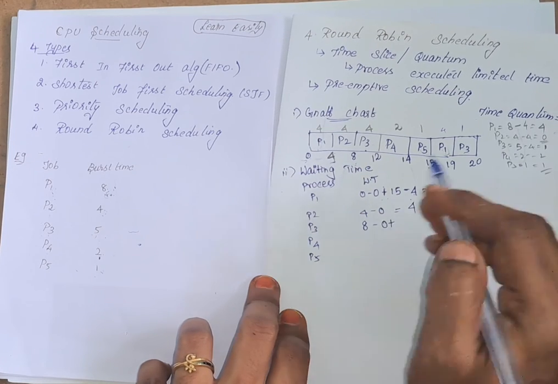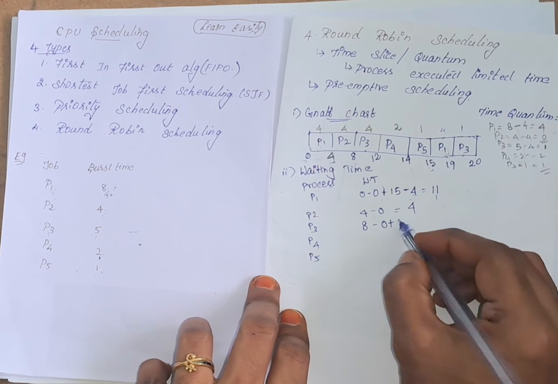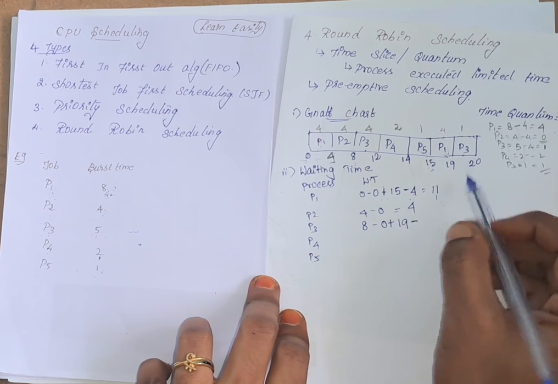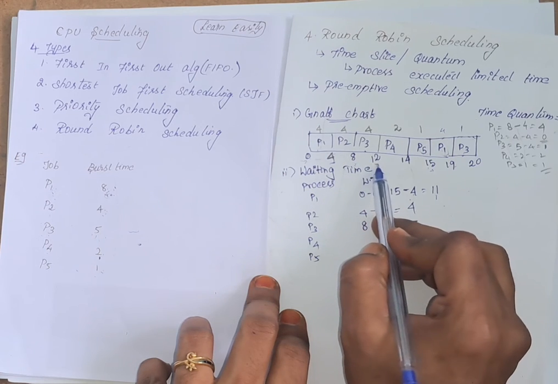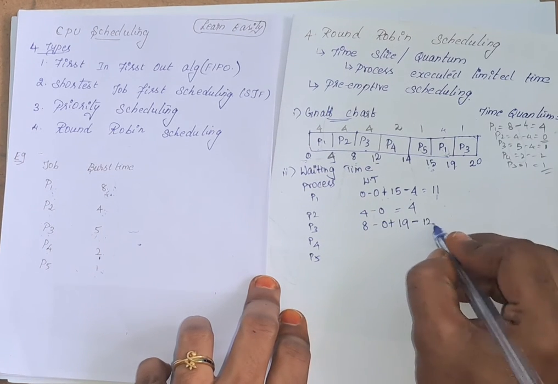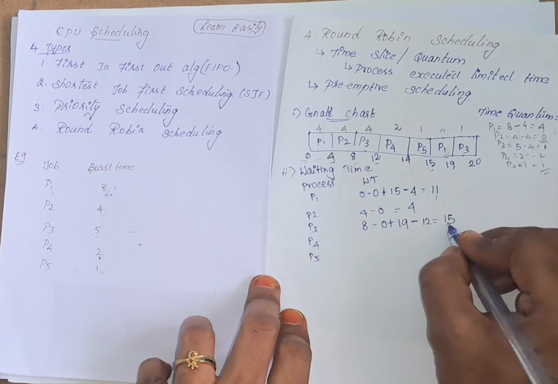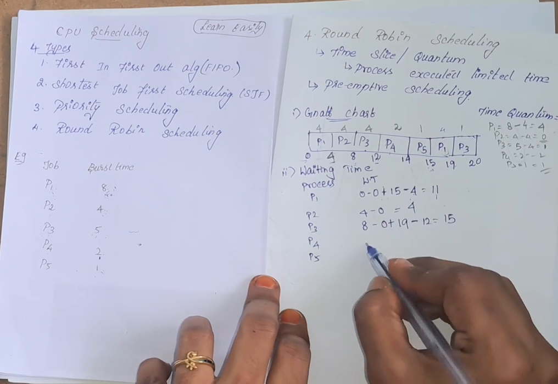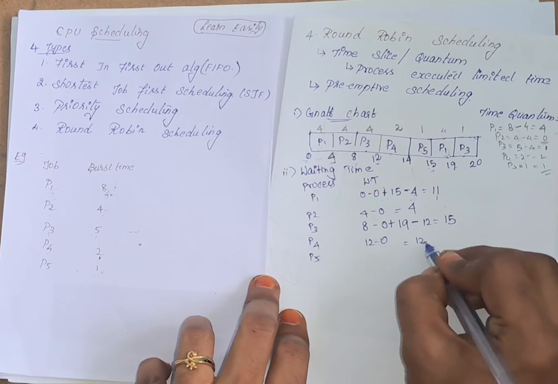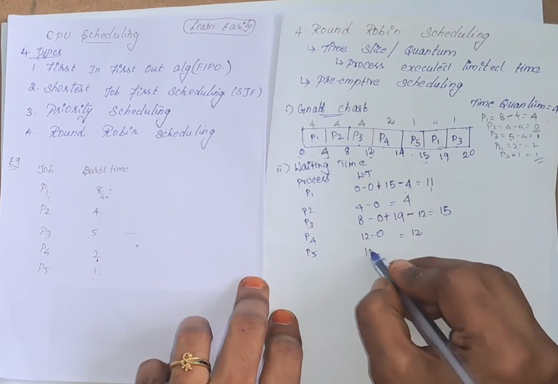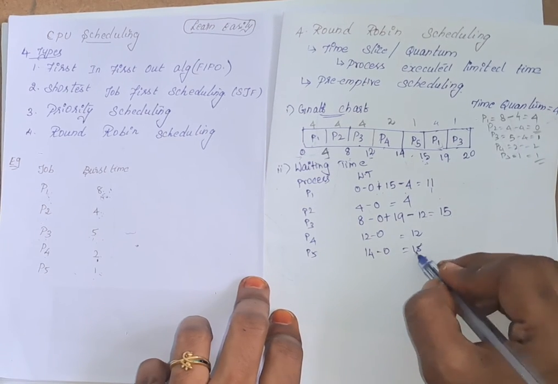Then P3 again comes for execution, so that is 19 minus where P3 gets completed previously, 12, that is 7. 8 plus 7 is 15. P4 is 12 minus 0, that's all, P4 does not come again. P5 is 14 minus 0, so 14.